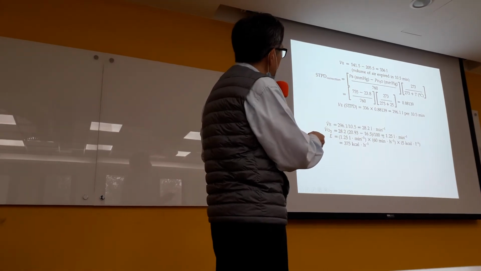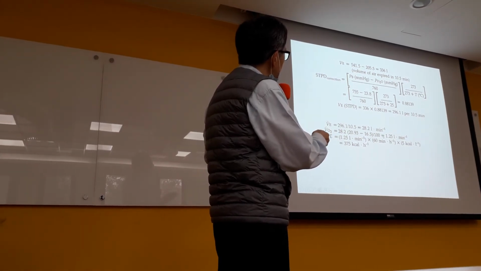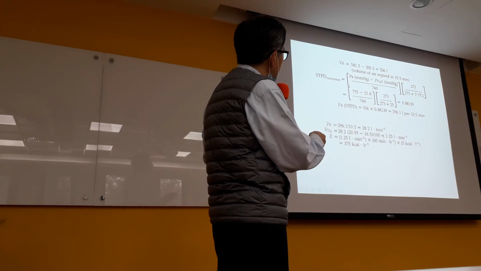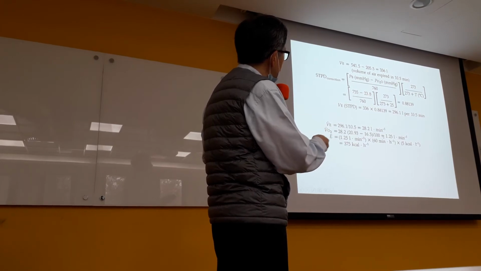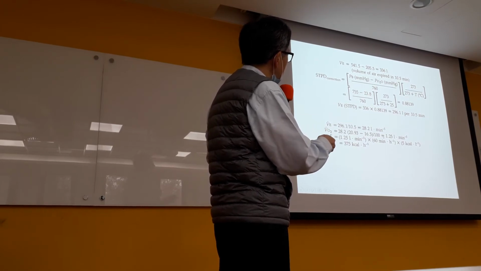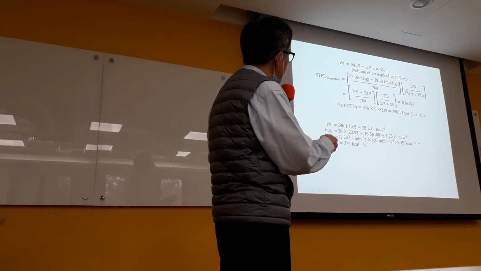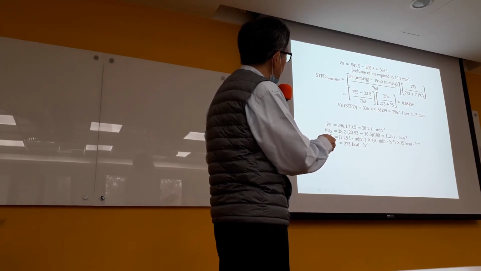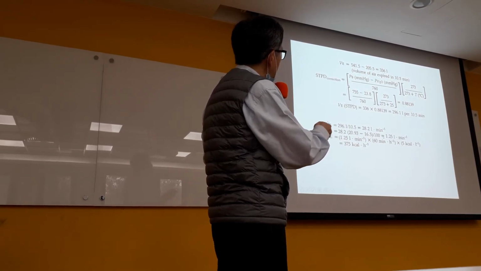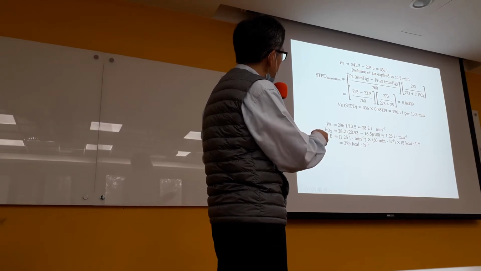So 23.8, we use it here, okay, and then we correct it. So the correction factor is 0.881, and then you correct the 336 liter by this correction factor.